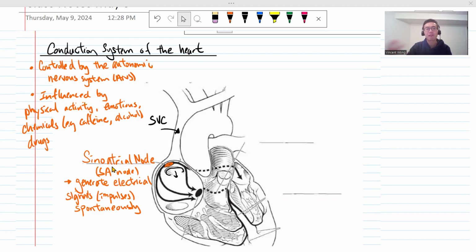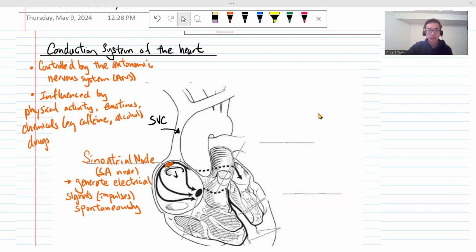We can influence how fast it's going to be sending out these electrical signals, right? By changing our physical activity, when we have different emotions, or if we have medicine or chemicals in the body, those can influence the rate at which the SA node is firing.